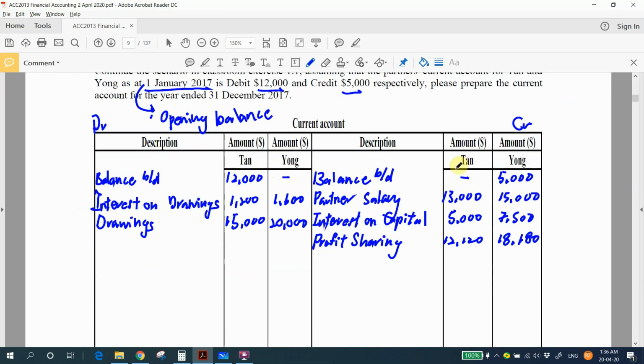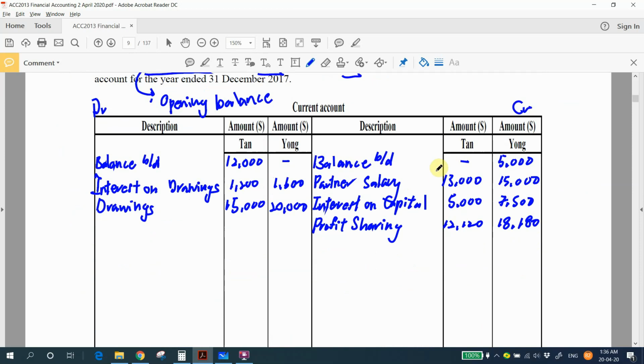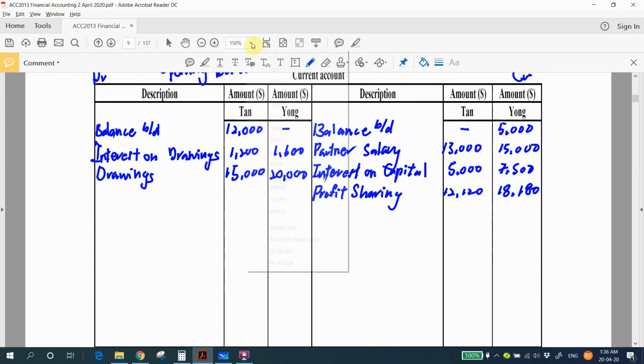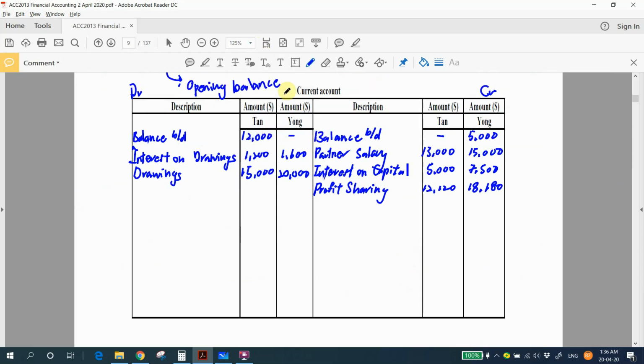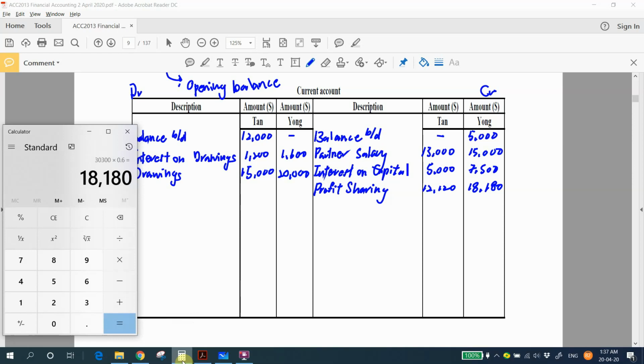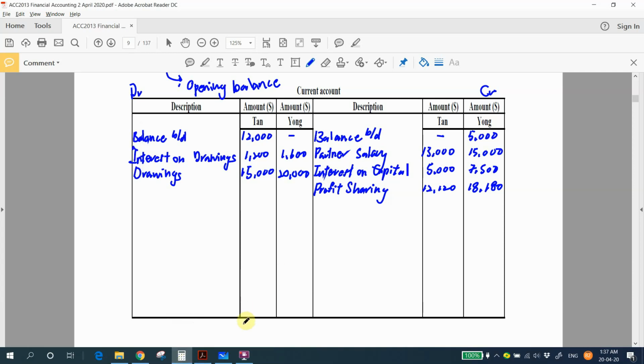Since we have filled in all the information, we have to find the balancing amount. So you can start your calculation. What is the total amount on the debit and credit for each individual partner? So for Tan, 12,000, 1,002 plus another 15,000, 28,200, and for Yong, 21,600.